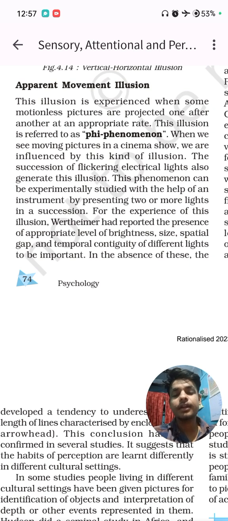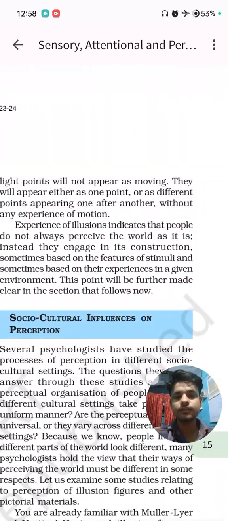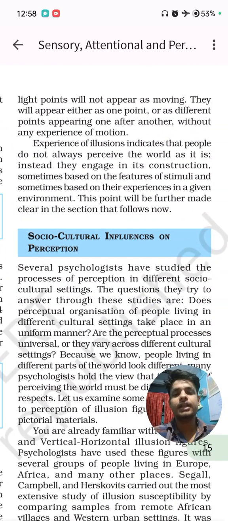Wertheimer reported the presence of appropriate levels of brightness, size, spatial gap, and temporal contiguity of the different lights to be important. In the absence of these, the light points will not appear as moving.